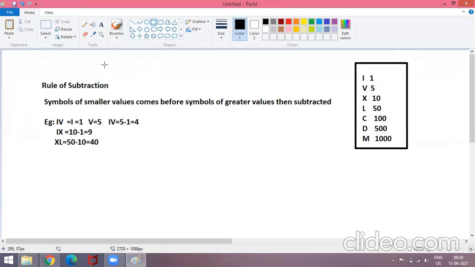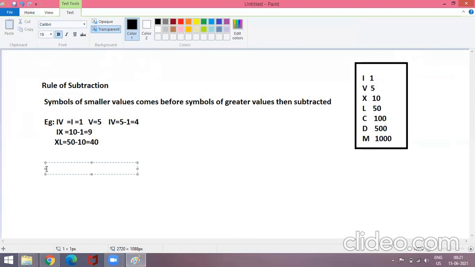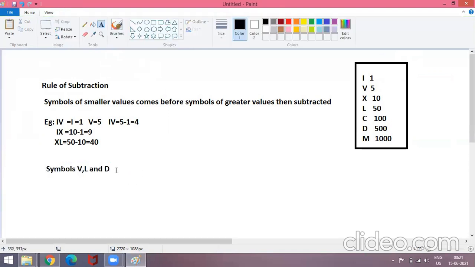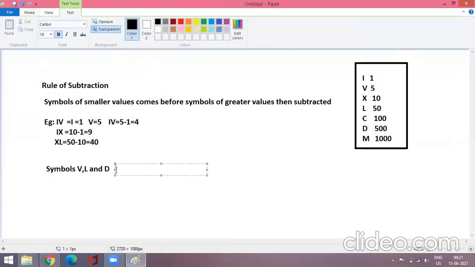Now, one more rule is there when it comes to subtraction. Symbols V, L and D cannot be placed before symbols of greater value.